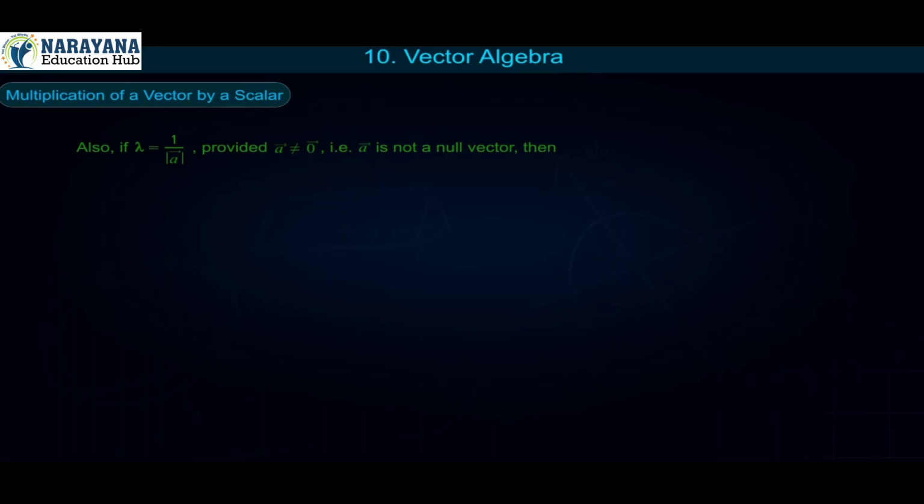Also, if lambda is equal to 1 upon modulus of a, provided a is not equal to 0, that is, a is not a null vector, then |lambda a| = |lambda| |a| = (1/|a|) |a| = 1. So, lambda a represents the unit vector in the direction of vector a. We write it as a cap = (1/|a|) a.